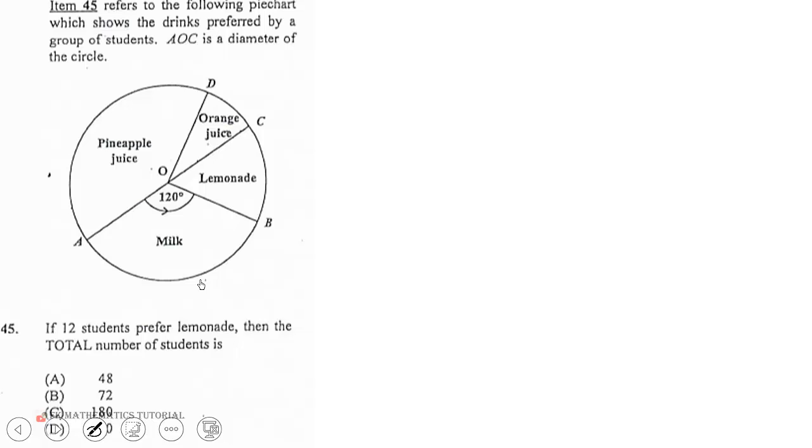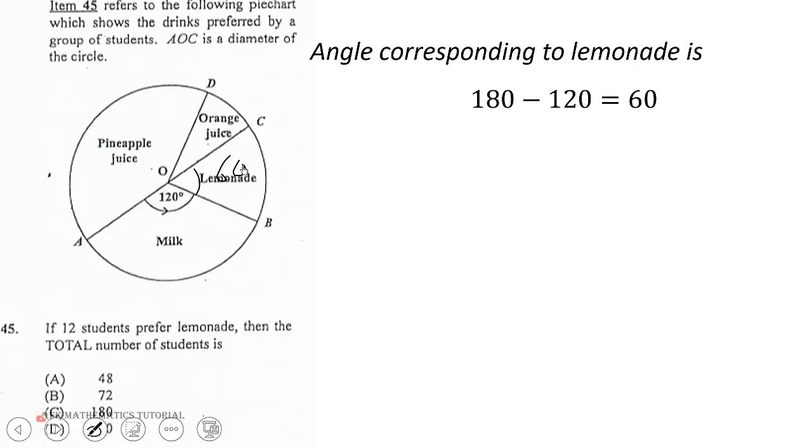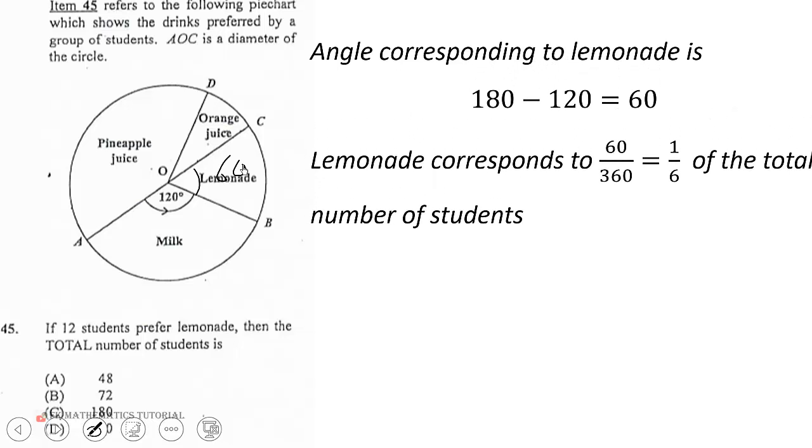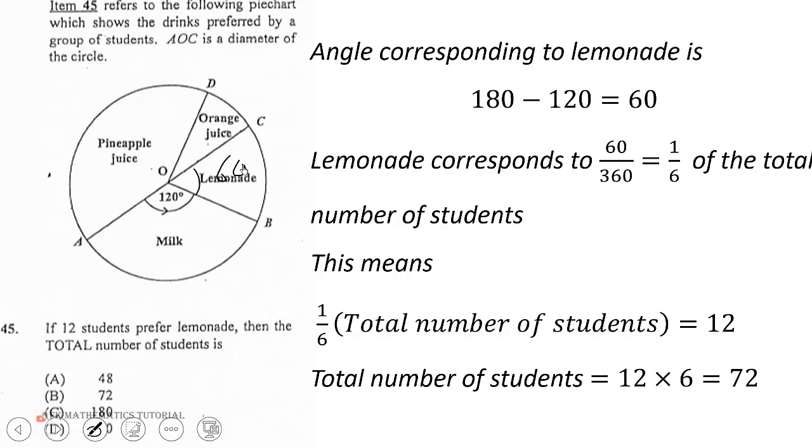If 12 students prefer lemonade, then the total number of students is... So lemonade corresponds to 1 over 6 of the total number of students. So that will be 12 times 6, which is 72.